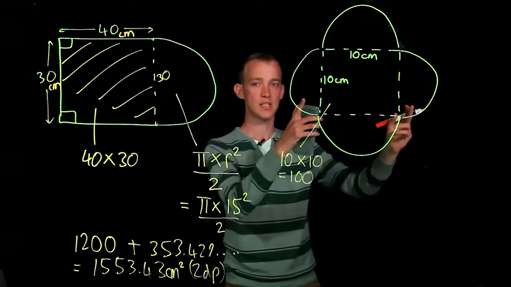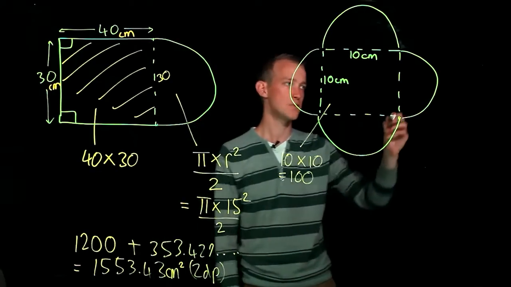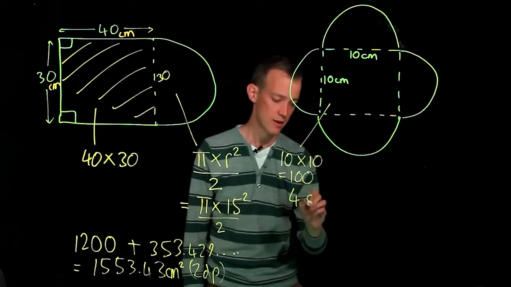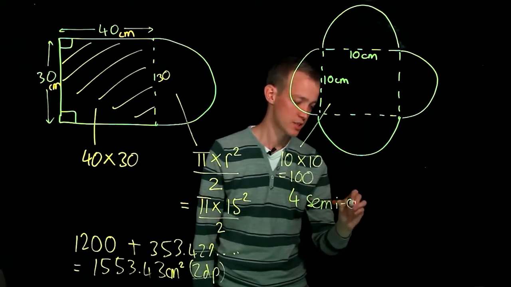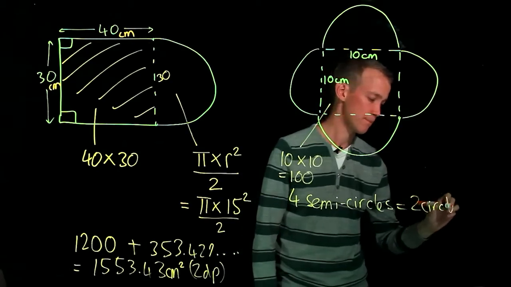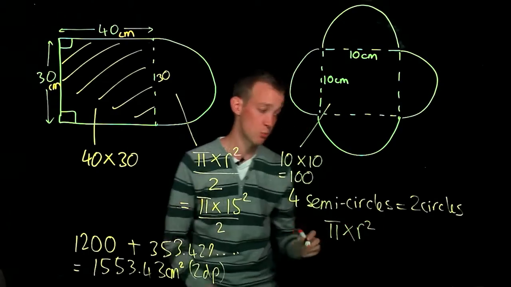Now, if I've got 2 semicircles, that's exactly the same as one whole circle. So in fact, these 4 semicircles together are the same as, I'm going to write here, 4 semicircles equals 2 circles. So I'm going to be doing pi times the radius squared, which is 1 circle.